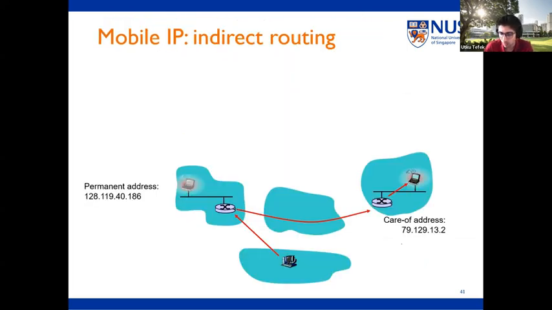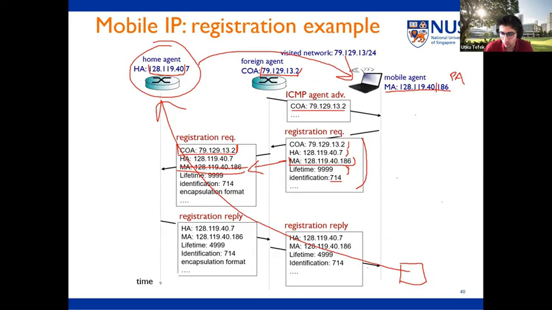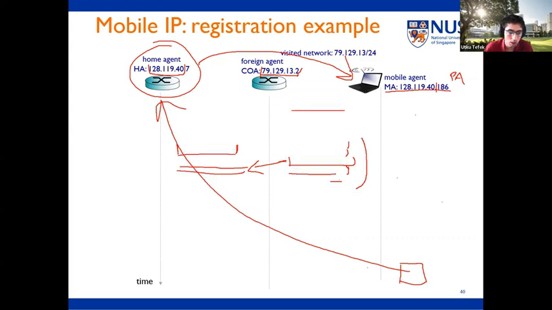Another question is, why is the lifetime field in the registration reply different from the registration request? So there is this lifetime field, and I don't see any relation to the registration request.